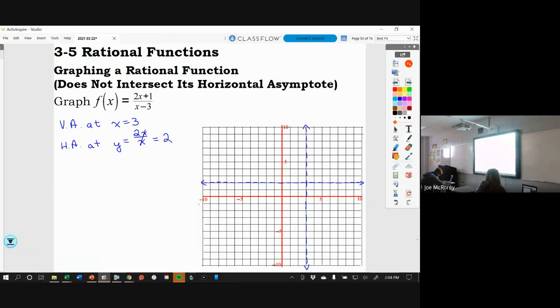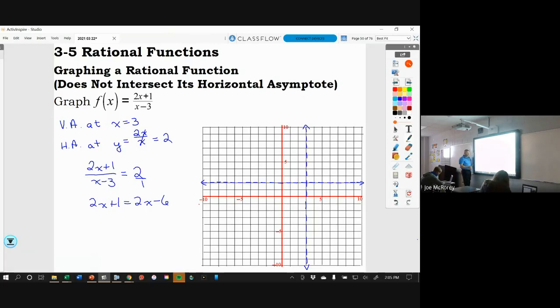Is it possible for this graph to touch the horizontal asymptote? Yes. To find that out, I'm going to take my original function and set it equal to the value of the horizontal asymptote, which is 2. To solve this, we can cross multiply. Maybe put that over a 1. So I get 2x plus 1 equals 2x minus 6. 2x plus 1 times 1 is 2x plus 1, and 2 times x minus 3 is 2x minus 6.